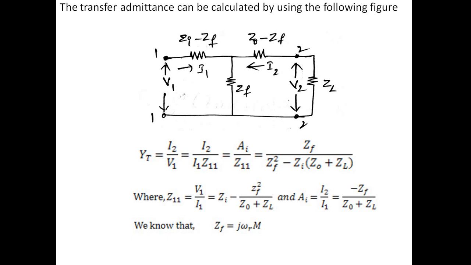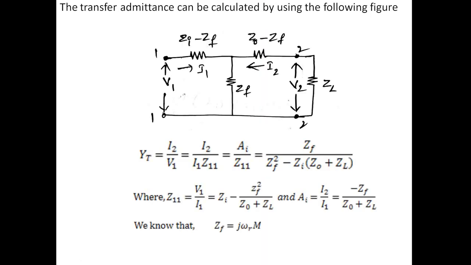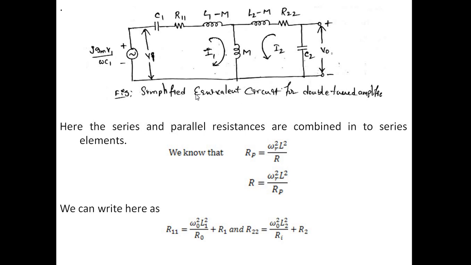We know that Zf, which we indicated in the previous circuit, is a mutual inductance. Therefore, Zf is equal to j omega R into M. Similarly, for Zi, Z0 and ZL, we have to see what the formulas are, because this is a simplified circuit.